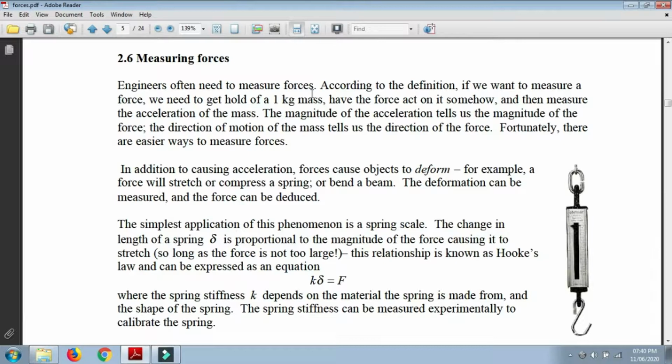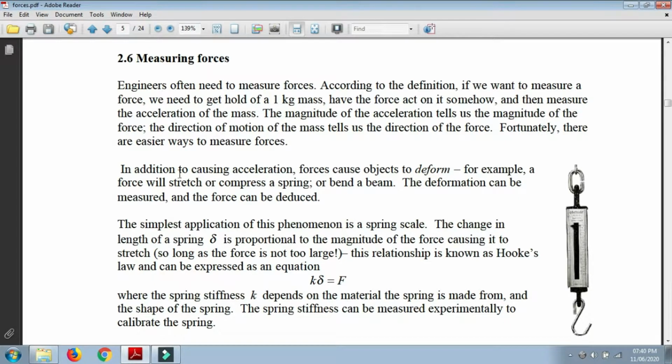From the definition, if we want to measure a force, we need to get hold of a 1 kg mass, have the force act on it somehow, and then measure the acceleration of the mass. The magnitude of this acceleration tells us the magnitude of the force. The direction of motion of the mass tells us the direction of the force. Fortunately, there are easier ways to measure force. Again, this whole logic is very difficult for us in a real-world scenario.